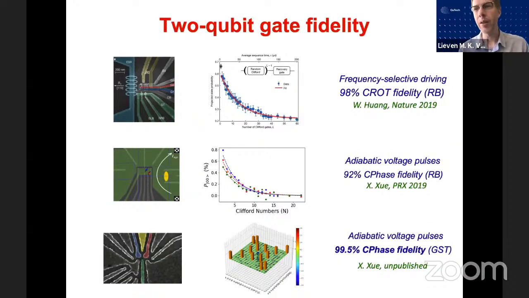It's not really strict, but it's often seen as a threshold for reaching good enough fidelities that you can do error correction and be fault tolerant. Which means that both the single and the 2-qubit gates are now well above this 99% threshold, and that's a good place to be in, and there is room for further improvement.